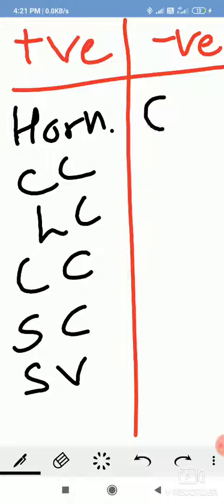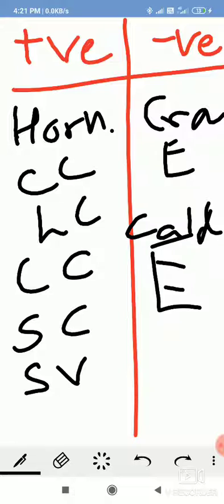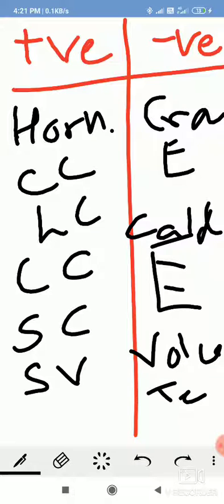The negative relief features are craters, which can be formed in three ways. Then is caldera, nothing but a very huge crater. These are also further of 3-4 types depending upon how they are formed. And then are volcanic tectonic craters.